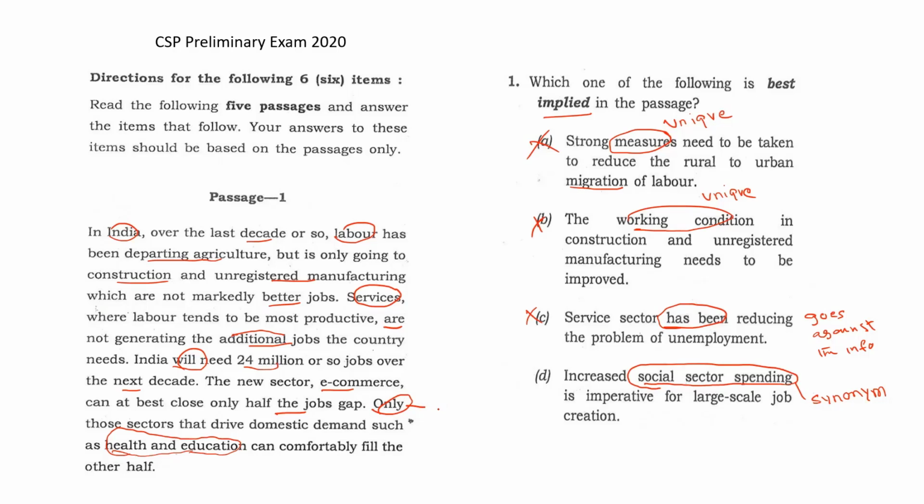Only this can do. That means it is imperative. There is no other option. You have to spend on this for large scale job creation. Option D is the best option, right?